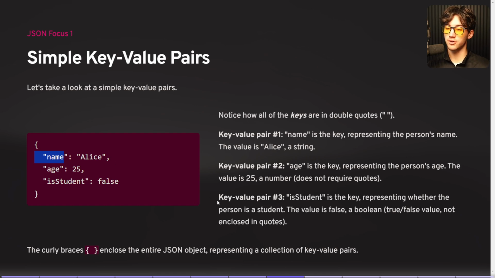Let's take a look at key value pair number three. Key value pair number three is student. That is the key representing whether the person is a student or not. And there's only two answers to this. You either are a student or you're not a student. So the value is false in this case. A Boolean represents a true or false value, and that's not enclosed in quotes. This is really good for filtering because there's only one of two ways it can go.